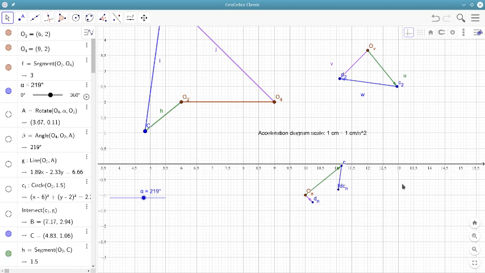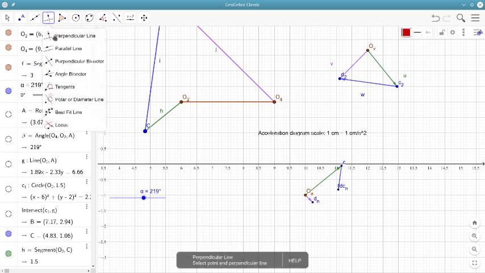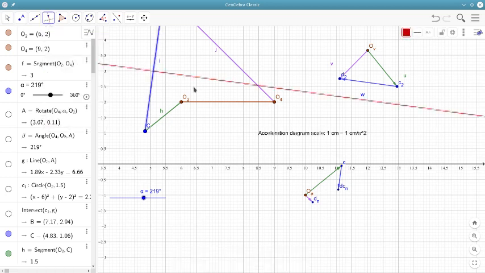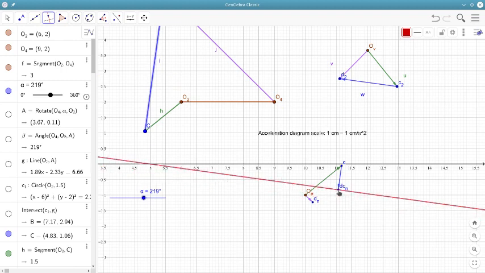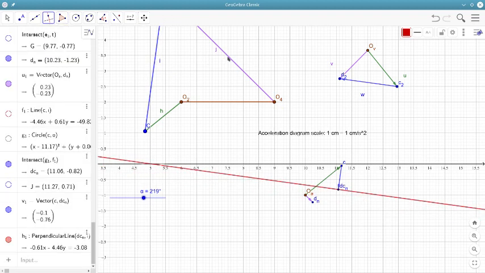Now to close this polygon we need to use the fact that we know the tangential acceleration directions for AD as well as A of D relative to C, tangential component. So remember that is going to be perpendicular to the relative component, so you put that there. And similarly this is going to be perpendicular to this, and that is going to start from over here.